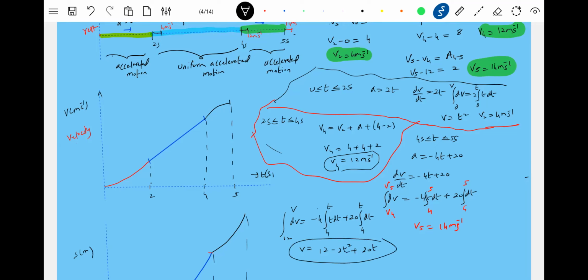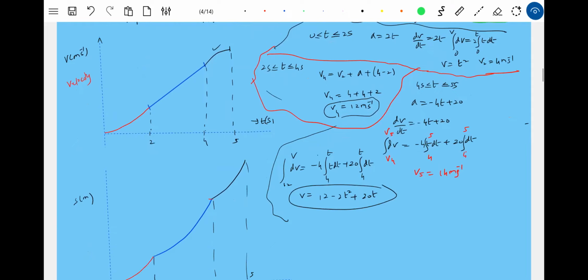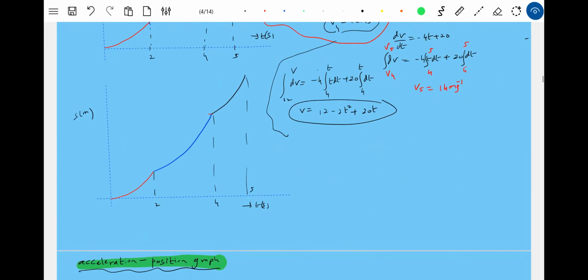When you plot this, the curve will be this one. If you are plotting a curve, you need the equation. Then you should not substitute the upper limit. For these limits, write t, then you'll get V as a function. Then this would be the curve. You need equations to predict that curve. Now, position versus time graph: accelerated motion.